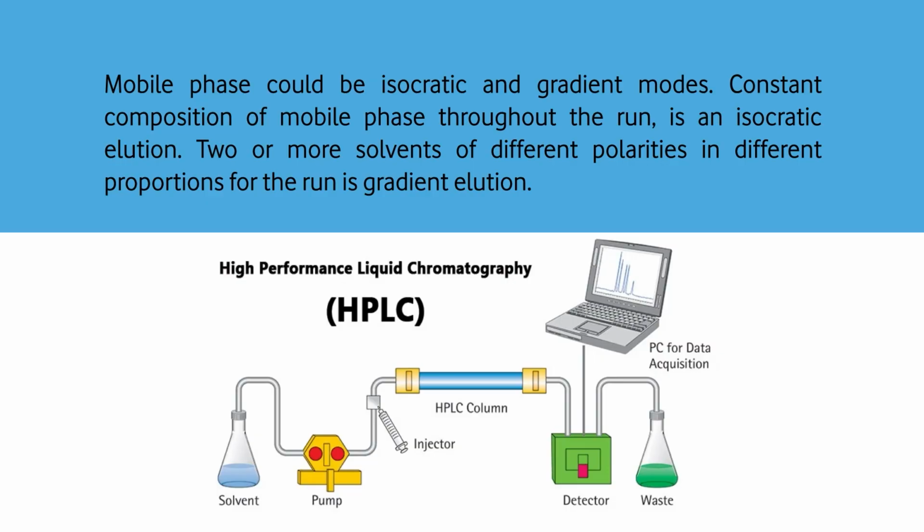Now the point here is what should be the mobile phase? Is it one solvent, more than one solvent? Depending on the analyte, HPLC is generally done with more than one solvent. Suppose we have two solvents, we have two options. Either we have one composition of the solvents and do the complete chromatography with the same composition. That is called isocratic. So when the mobile phase has the constant composition of the constituents, like methanol water.